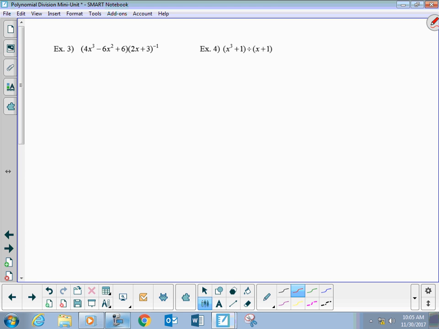Let me just kind of back up a little bit. You know, adding and subtracting are opposites. One undoes the other. What undoes multiplication? Division. When I ask you to factor something, what I am really asking you to do is to create two things that if I multiply them together, I get the original, right?